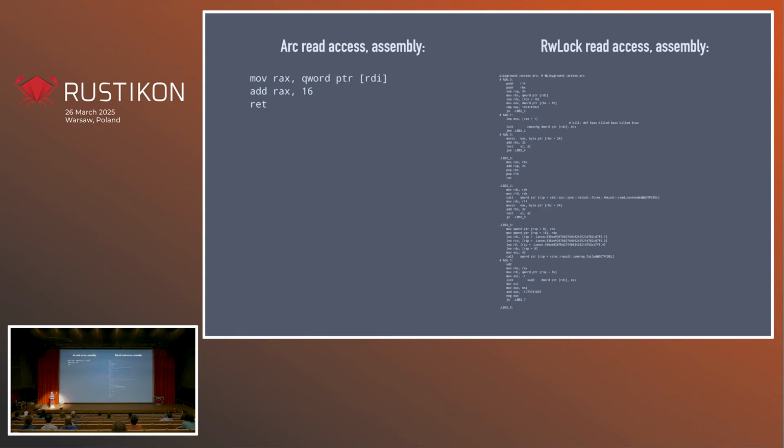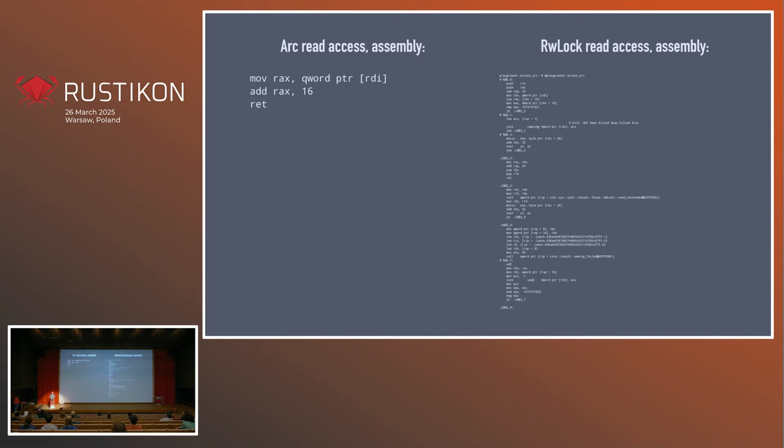So here's the disassembly of an Arc deref on the left side, which is just reading a pointer value from memory, incrementing it by 16, and there you have it. So it's super fast. And on the right side, we have RwLock read access. And I mean, this is not as bad as it seems, because most of this is not on the hot path, right?